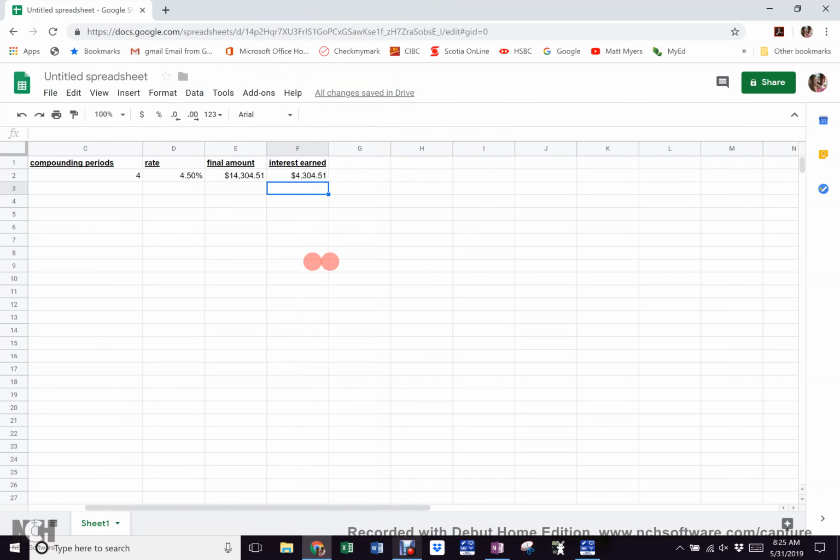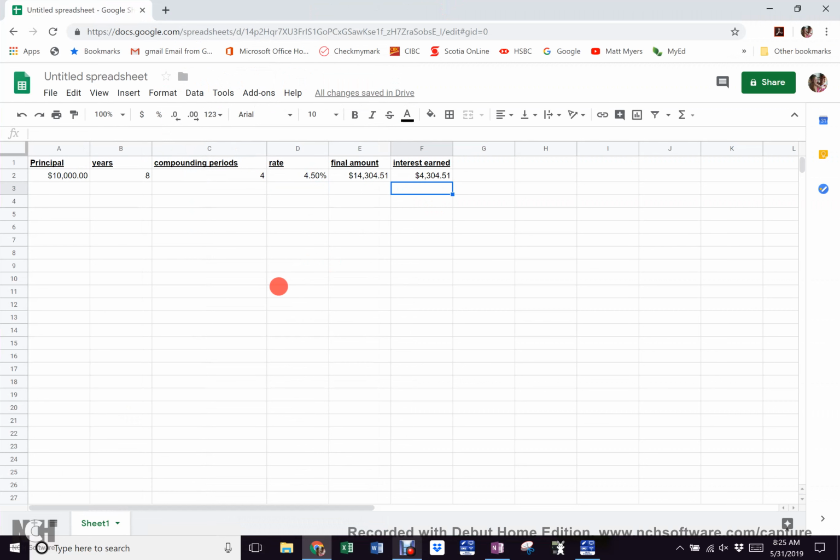Again, if you don't know how to work spreadsheets, this is going to be very interesting for you. What part of this are we going to need to do again and again? Which column? What's going to be the same no matter what? Final amount. What we do to get the final amount is going to be the same, yes?